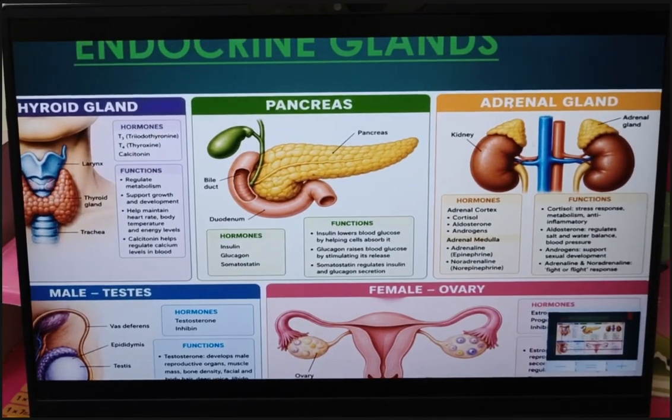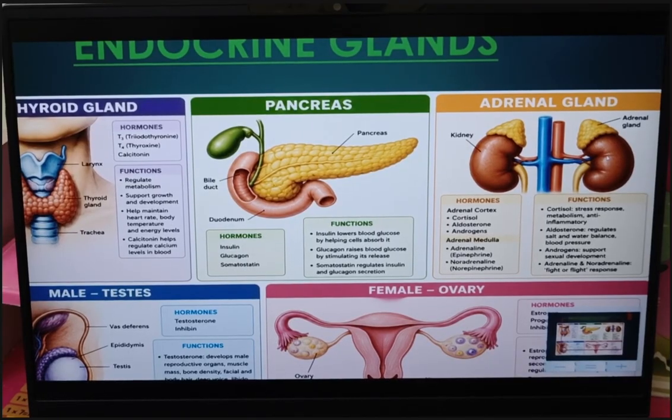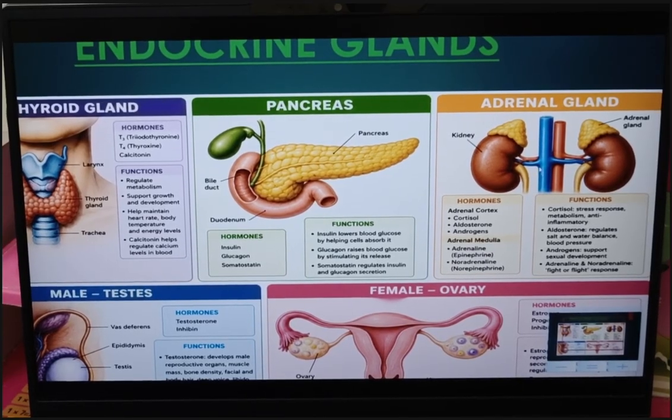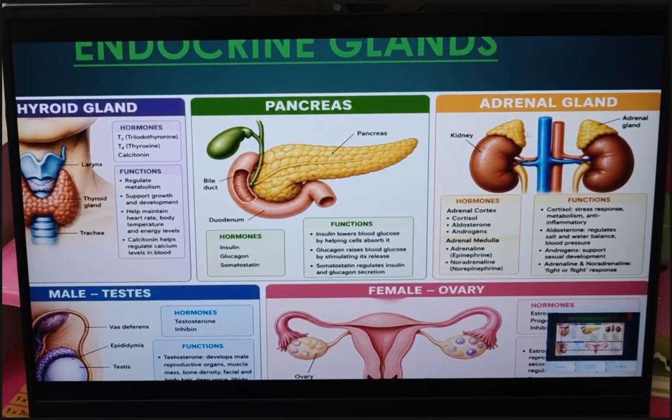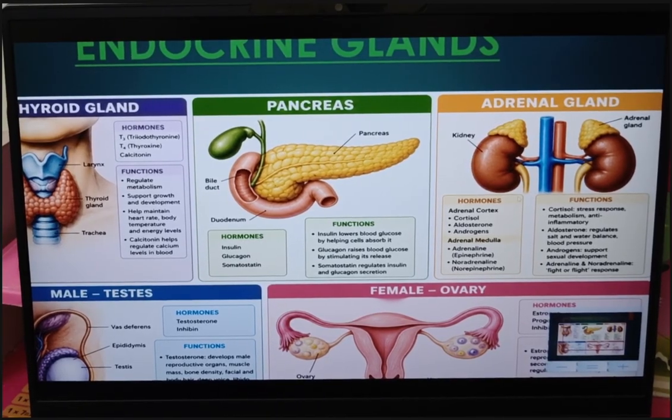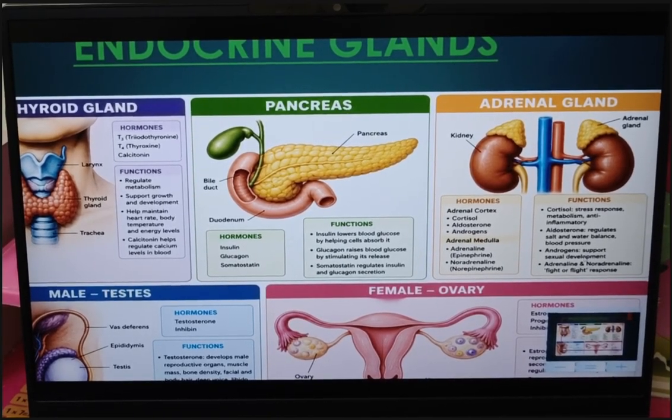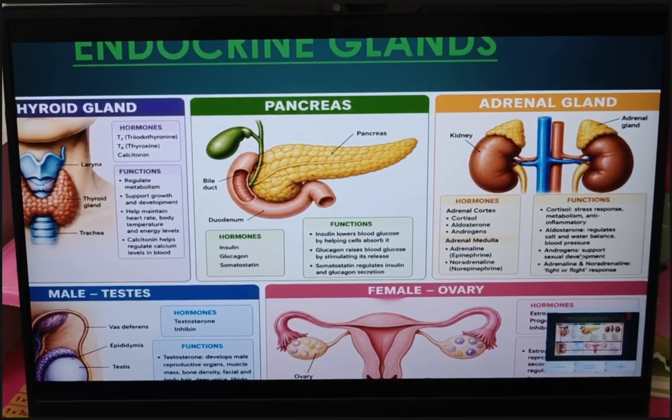The third gland is the adrenal gland. I told you the adrenal gland is responsible for flight, fight and emergency conditions. It is located above the kidneys. The hormone secreted by the adrenal gland is adrenaline, which plays a major role in reaching the target site and the target organs.